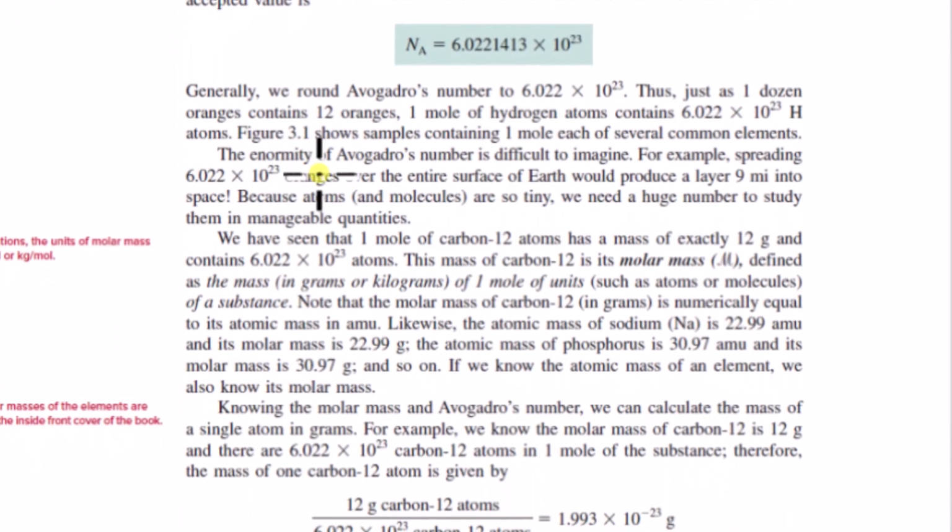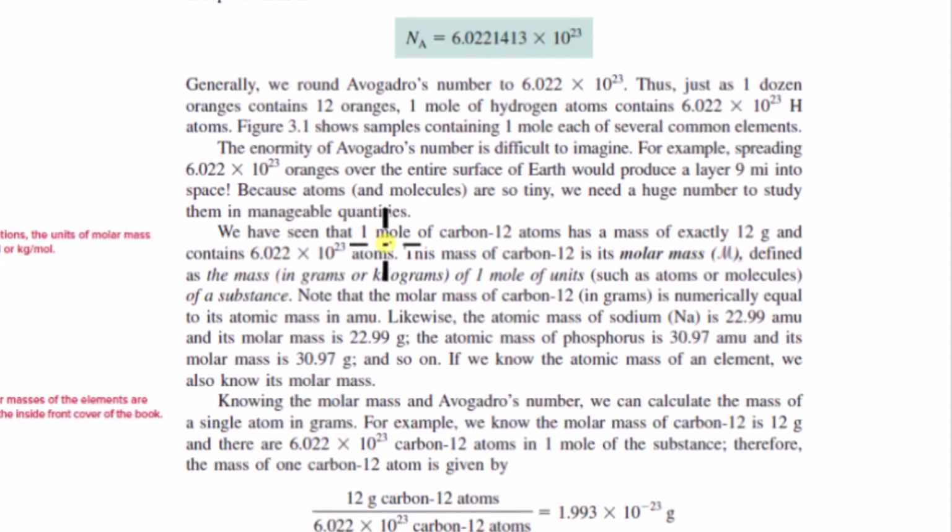Okay, the enormity of Avogadro's number is difficult to imagine. For example, spreading Avogadro's number of oranges over the entire surface of Earth would produce a layer 9 miles into space. So not just 9 miles thick, 9 miles into space. Because atoms and molecules are so tiny, we need a huge number to study them in manageable quantities.